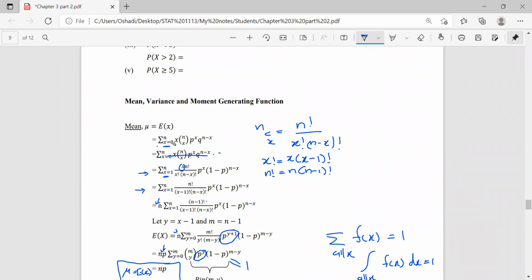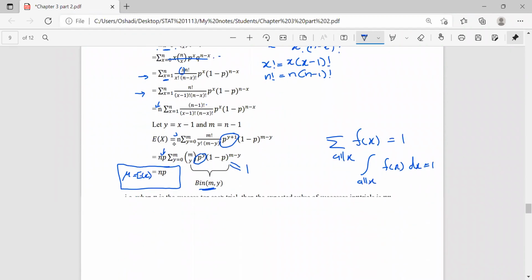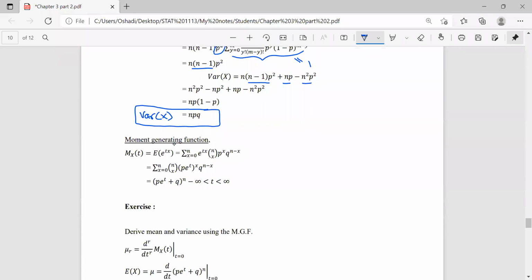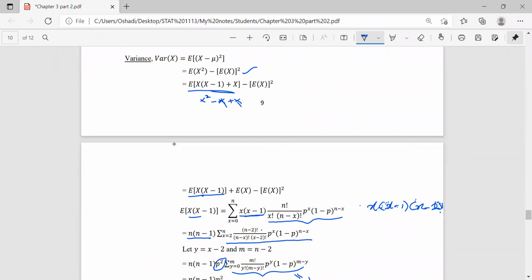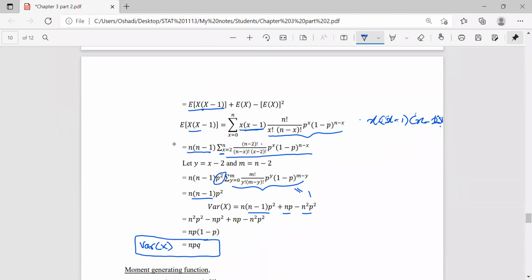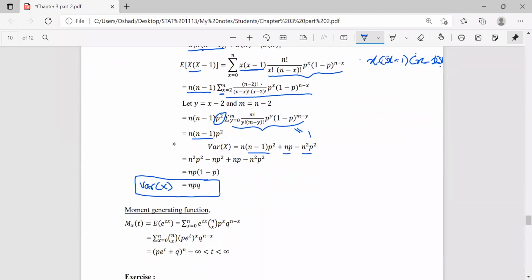That's why we omit 0 there, right? Here also same. If we substitute 0 and 1, the whole thing becomes 0. That's why we omit x equals 1. So 0 and 1 there.